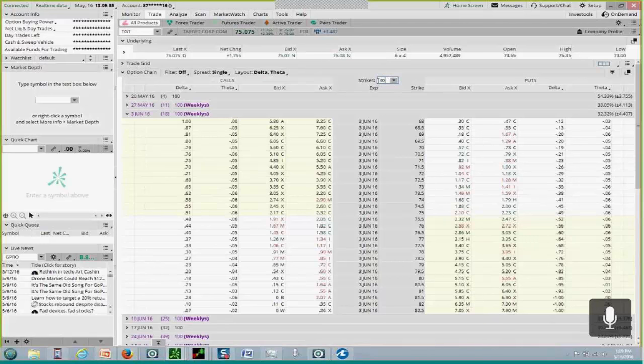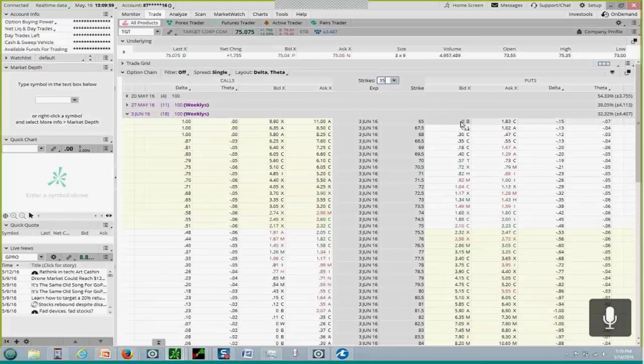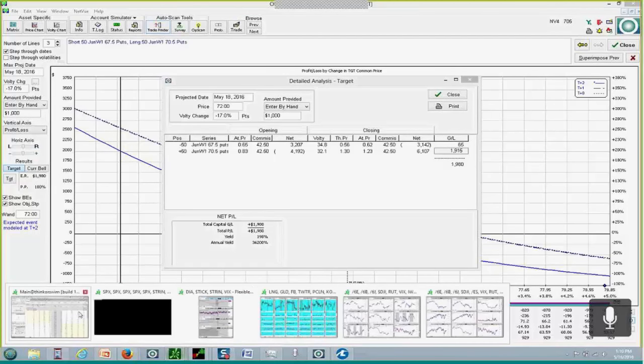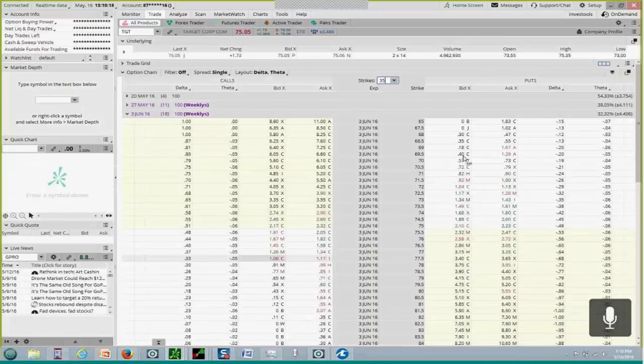Okay, how about 35 strikes? Okay. 70.50, 67.50. So here's the 70.50.